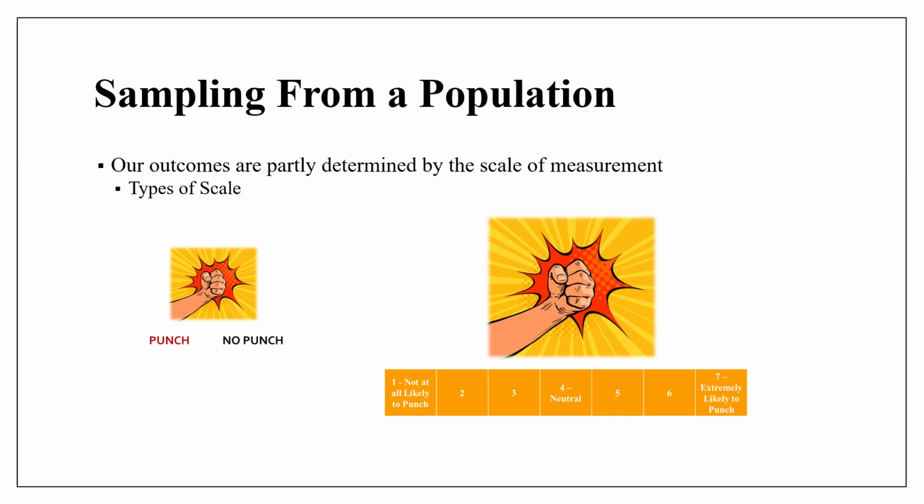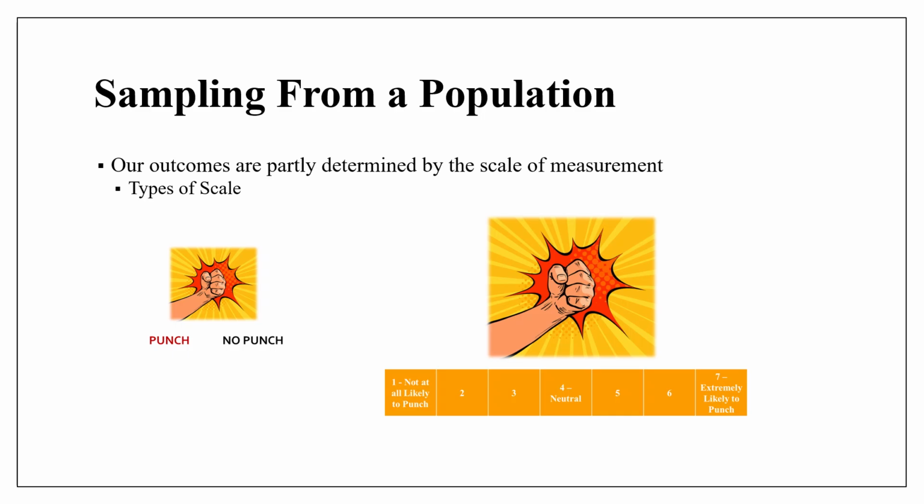Whereas on this other side, we have a 7-point Likert scale that has 7 different outcomes because you can score 1, 2, 3, 4, 5, 6, or 7. And this is most likely going to be us asking the participants, how likely are you to punch this person? And they can decide, again, either one of these responses.